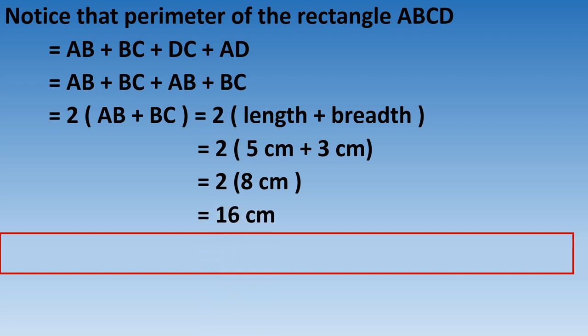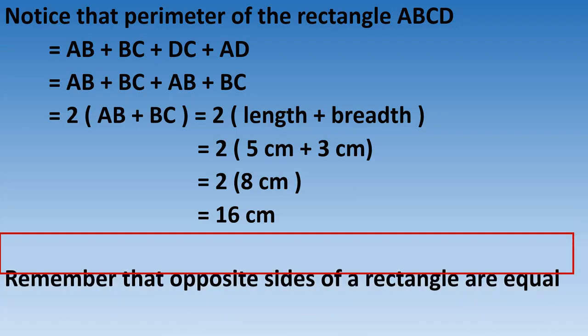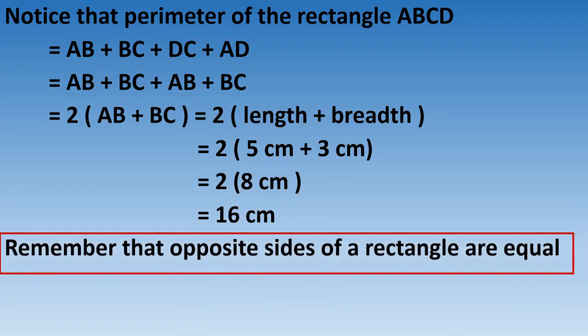So whether you are finding the perimeter by adding all the sides of the rectangle, or you are finding the perimeter by the formula, your answer will remain same. Okay, what you have to keep it in mind, that opposite sides of a rectangle are equal.